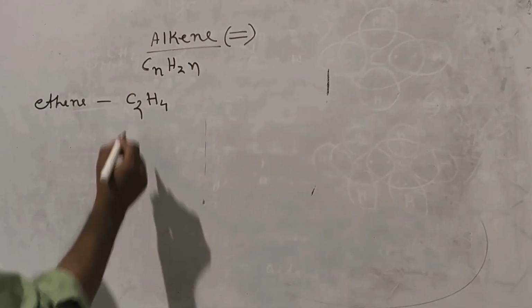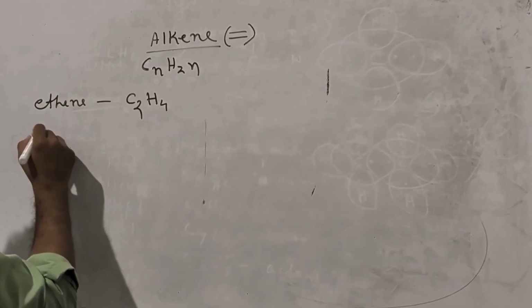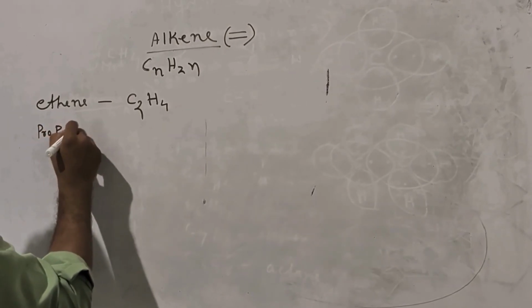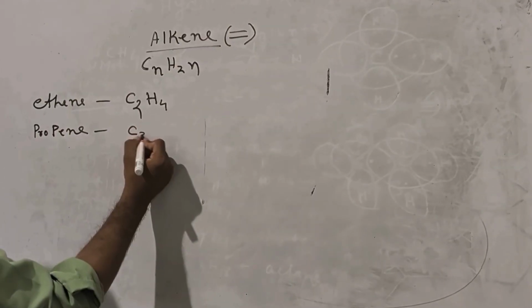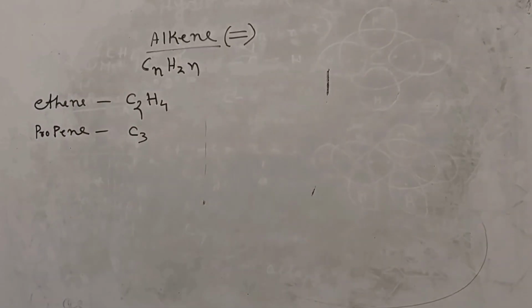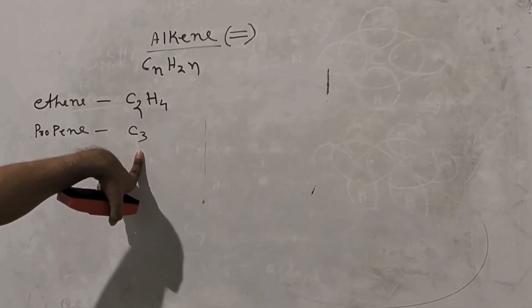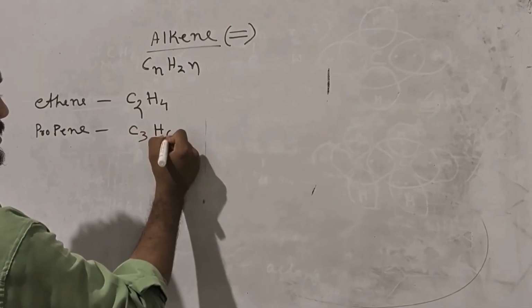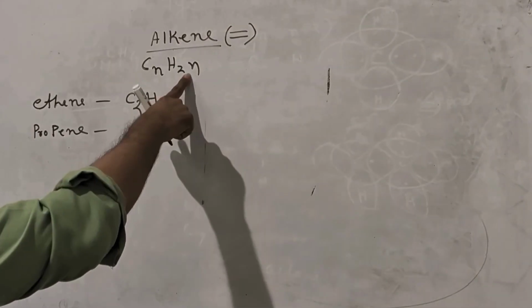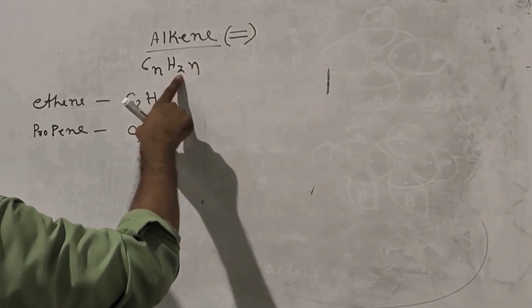Next will be propene. The formula for propene, which means 3 carbons: you just double the carbon, 3 doubled is 6, so hydrogen will be 6. If you check it with this formula, it will also match: 3 carbons, 2 times 3 is 6.